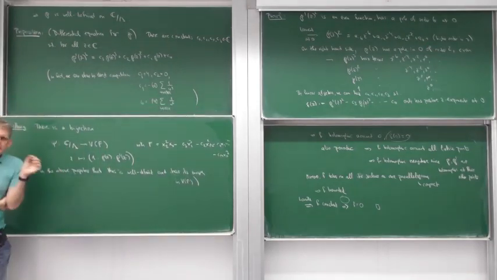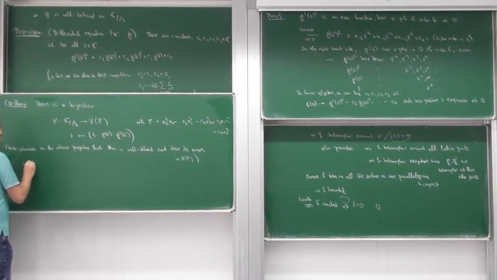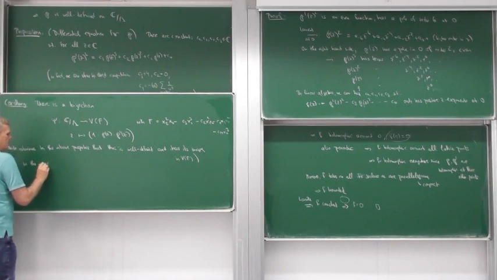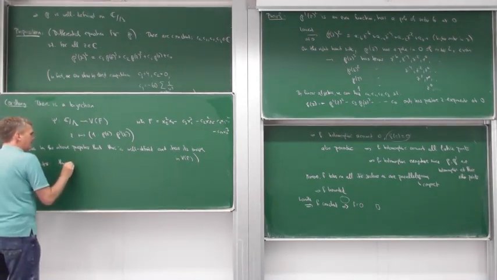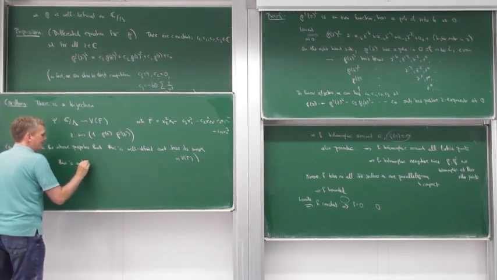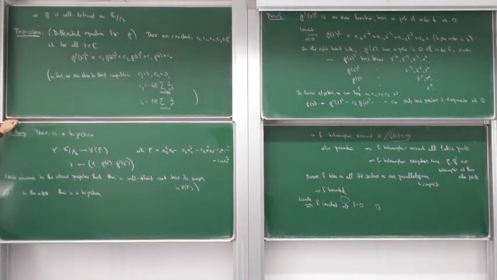So the bijectivity is not obvious, I agree, but one can check this. As the time is up, I would probably skip that, but it's in the proof, it's in the notes, because I want to start with a new chapter next time. So this is a bijection. You can also use the arguments before to do that.